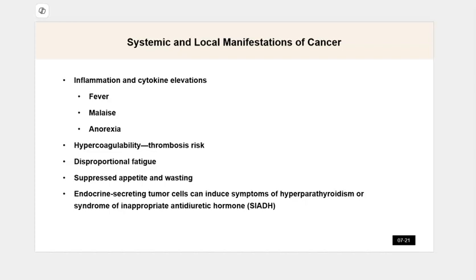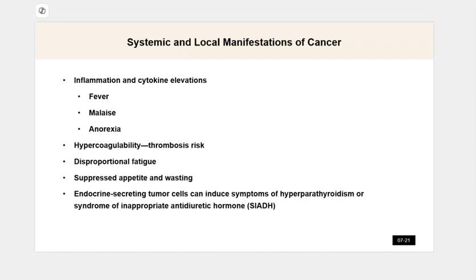Chief among them is going to be inflammation. So you're going to have elevated cytokine production that may cause fevers and suppress the appetite while also promoting clotting. Hypercoagulability is also common in cancer, particularly in early stages. Some people will actually be diagnosed with their cancer because they present with a DVT or a PE.